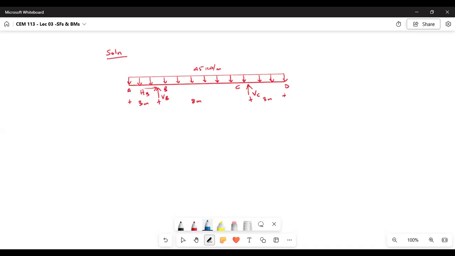Since the whole thing from the beginning of the beam to the end is the same value of UDL, we'll convert everything together like this.